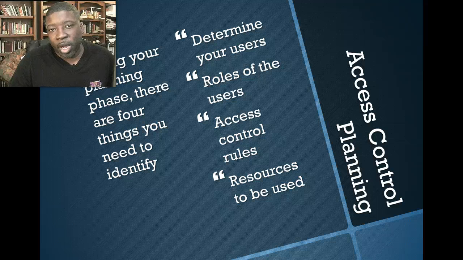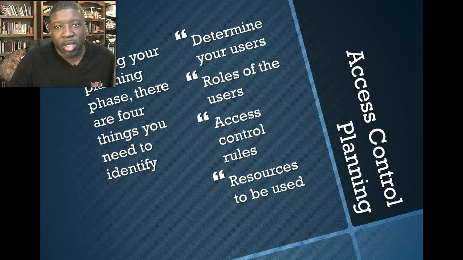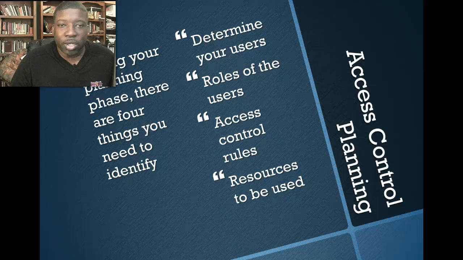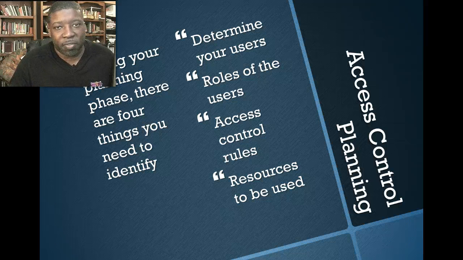Then your rules around those individuals: what type of access does this employee have, and what resources are they going to access? So you need to know who your users are, what roles they have, the rules for those roles, and what they are accessing. This is basic stuff that you need to know.